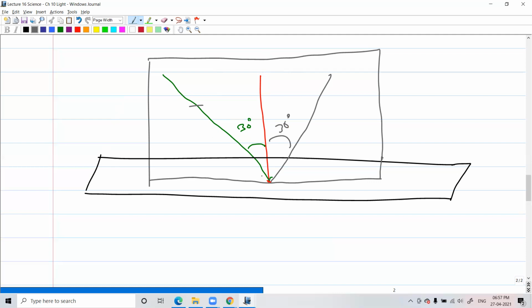It will not come out of the paper, or go inside that plane. Do you understand? Yes, sir. Okay, so the incident ray, normal, and reflected ray all have to be within the same plane.